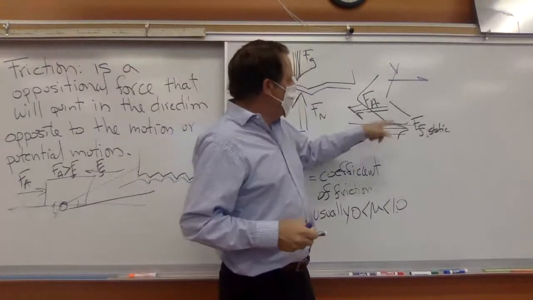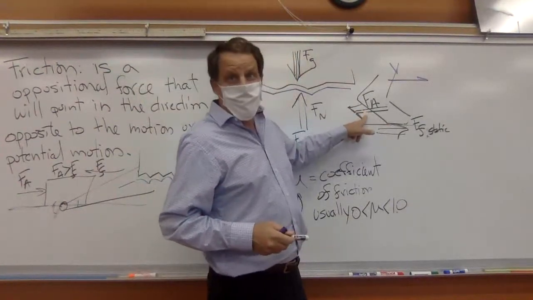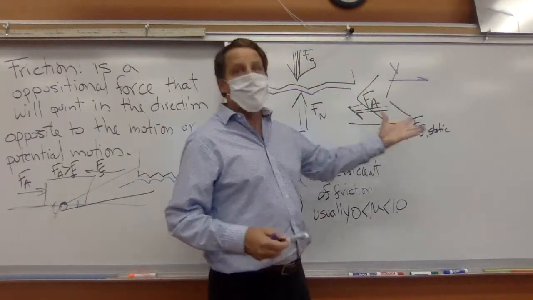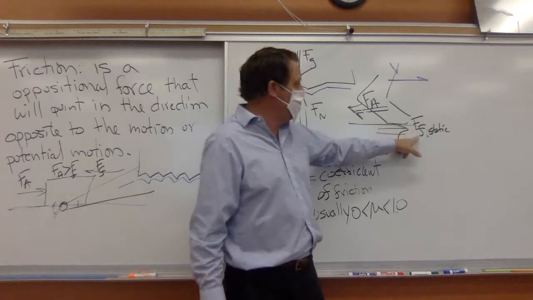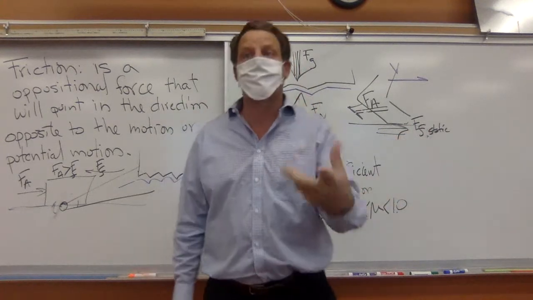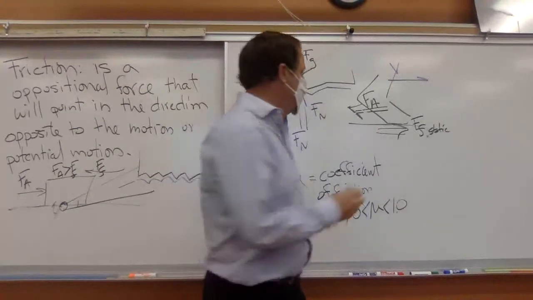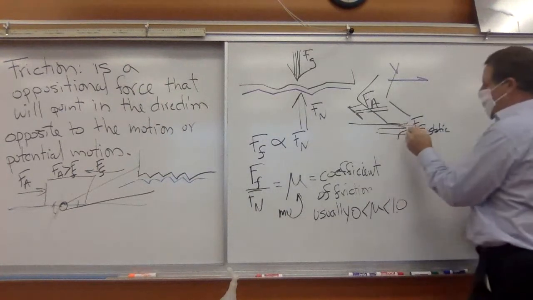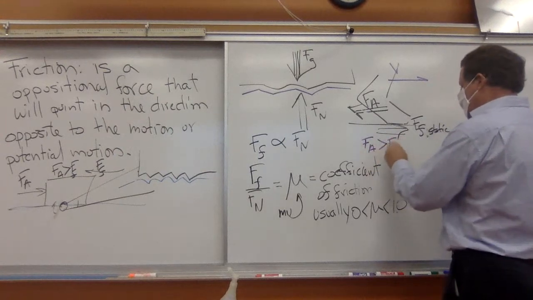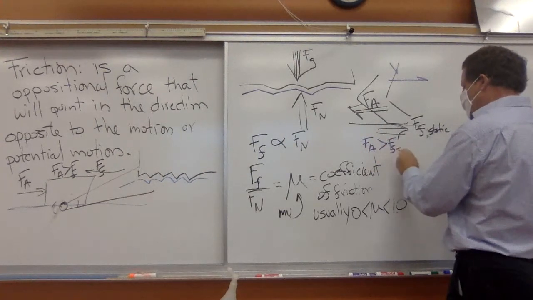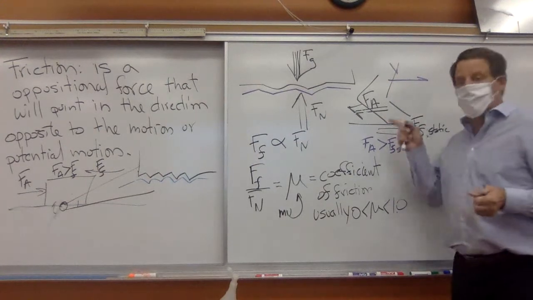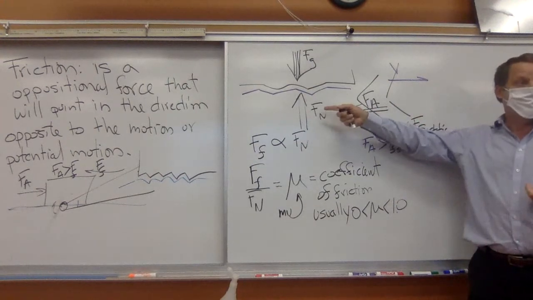If I can apply a force backwards that becomes greater than this static friction, what's going to happen is it's going to slip. So when this applied force is greater than this static force of friction, then my foot's going to slip.